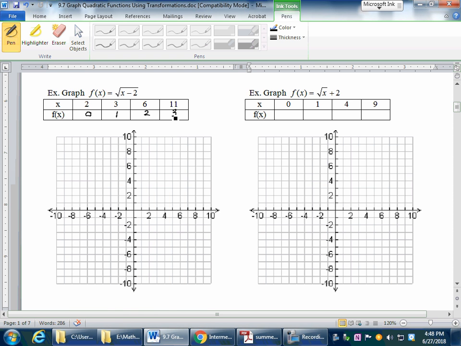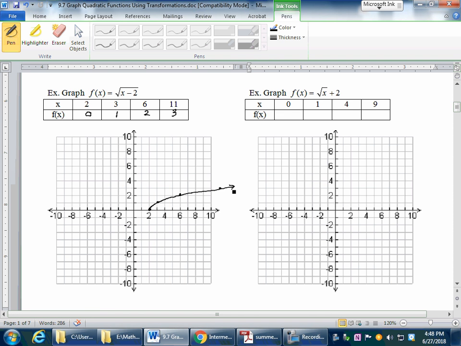So my graph points are (2, 0), (3, 1), (6, 2), and (11, 3). Notice that my entire graph, the parent graph, shifts to the right 2 units.